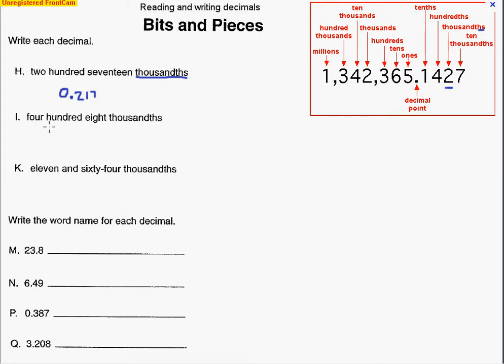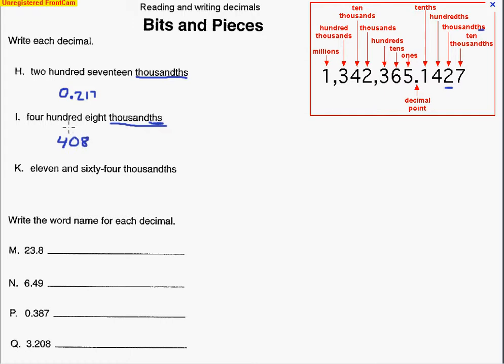For the next one, it says 408 thousandths. So we're still in the thousandths place. Notice again it says thousandths, and again when you see that TH, that tells you that you've got a part of a number, not a whole number part. So 408. So we're just going to rewrite that number, 408.